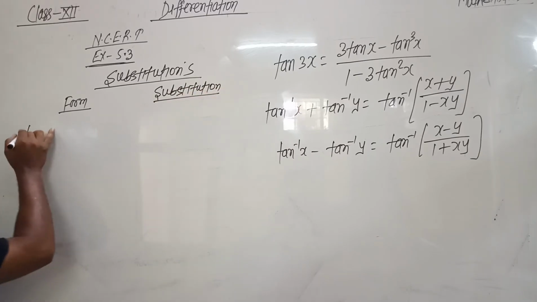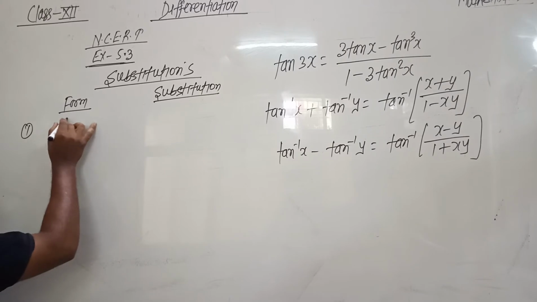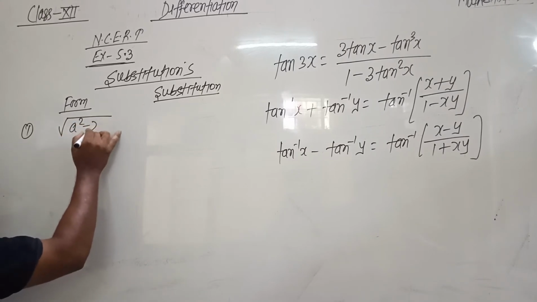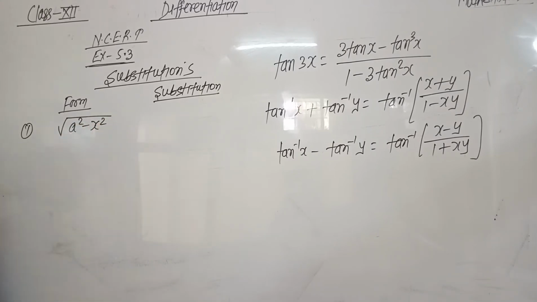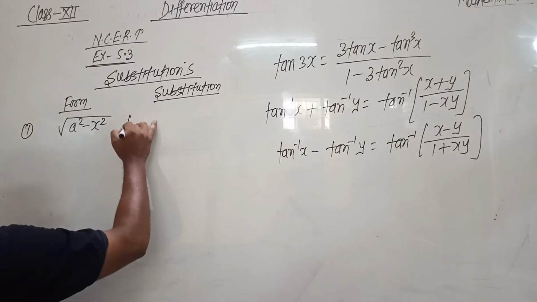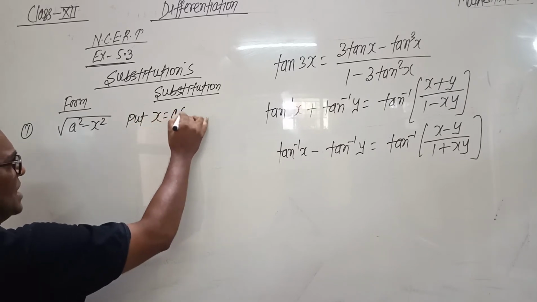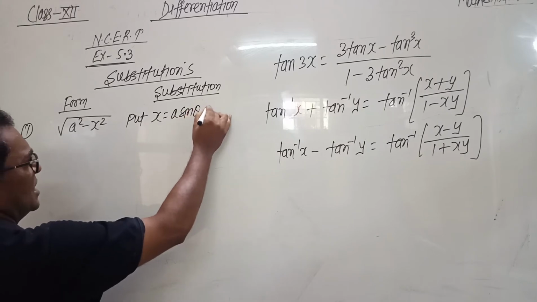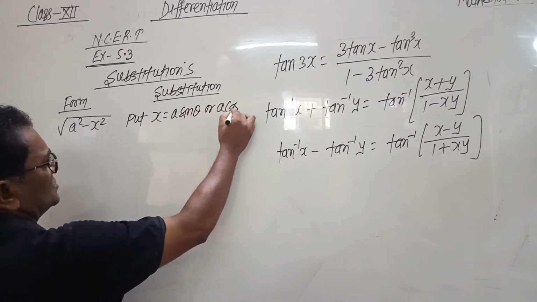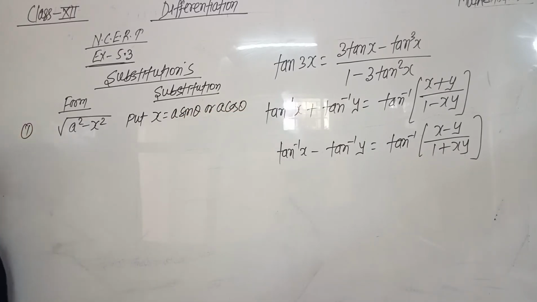If there is a form like under root of a square minus x square, then we put x equals a sin theta or a cos theta.